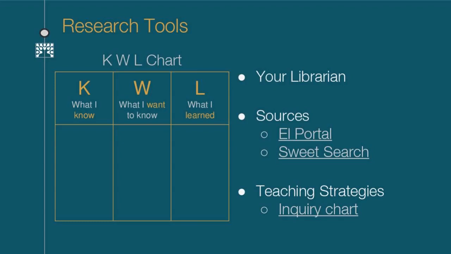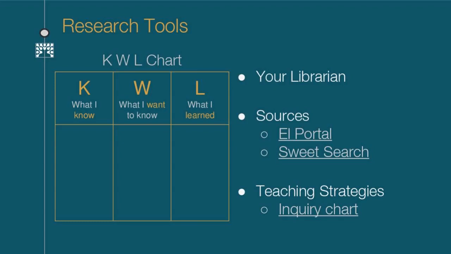So first and foremost, your number one tool, if you have a fully credentialed teacher librarian at your school or in your district, they are a fabulous resource when it comes to developing students' research skills. And I'm just going to promote your school librarians here for just a second.